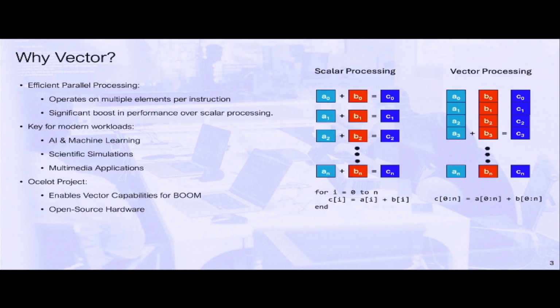We are essentially transforming BOOM from a general-purpose CPU into a much more versatile compute engine, capable of handling modern compute-intensive tasks with efficiency. And more importantly, we are doing this in a way that is open source and accessible. This makes it possible for researchers, educators, and hardware developers around the world to experiment with real-world vector workloads on a customizable out-of-order core.